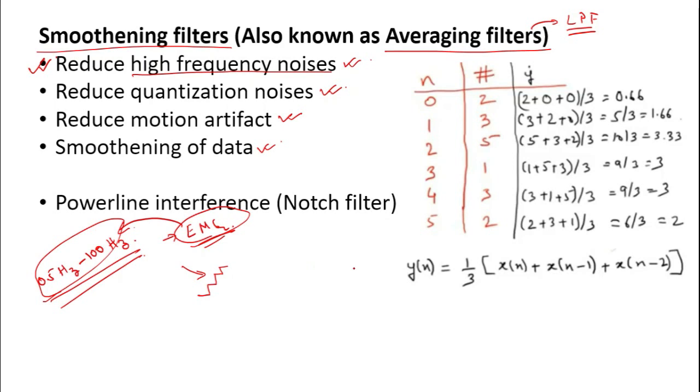In that case, we need a smoothing or averaging filter, which generates an envelope.